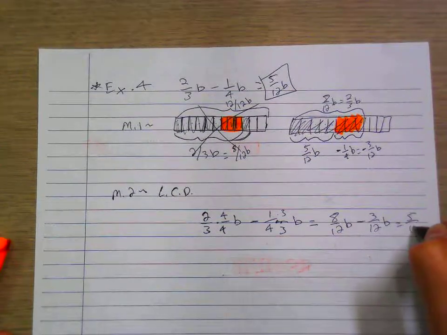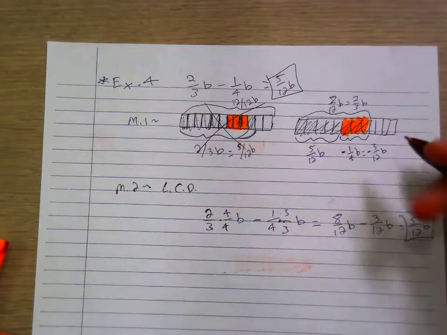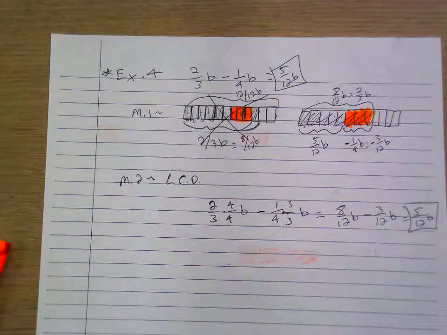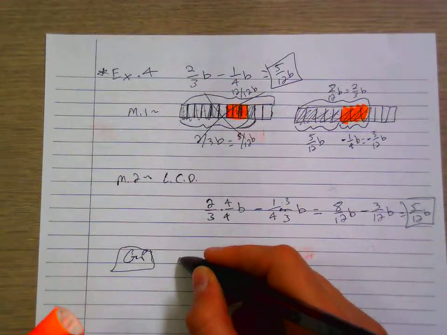Same answer, you just didn't have to draw that all out. So the bars help visual learners maybe. This would help you if you just want to do the math part. Go ahead and try that on guided practice 4 and 5.